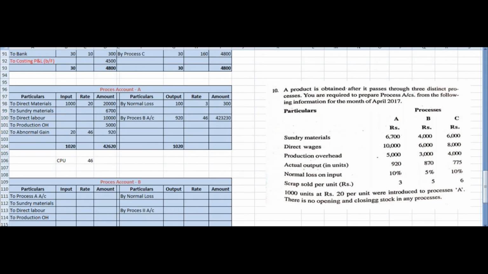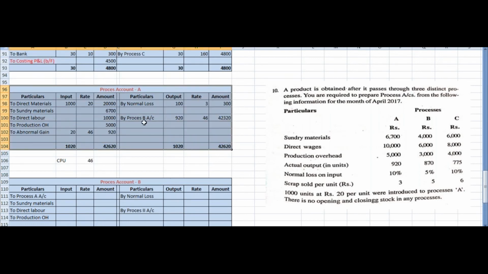If it is the same, then only it is right. 42,320. Is it the same? Yes, sir, tally. The process is clear.